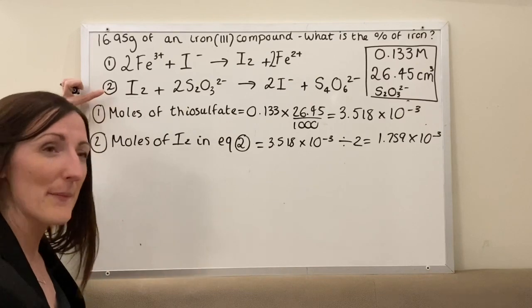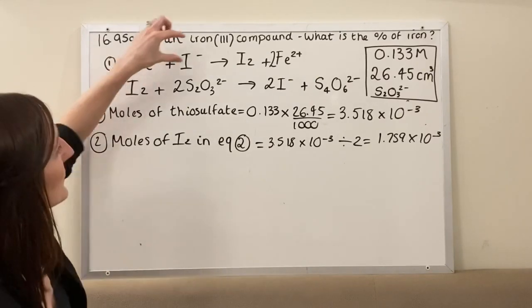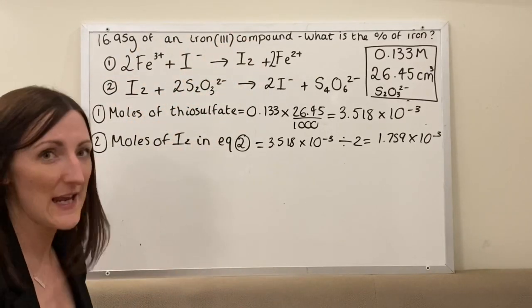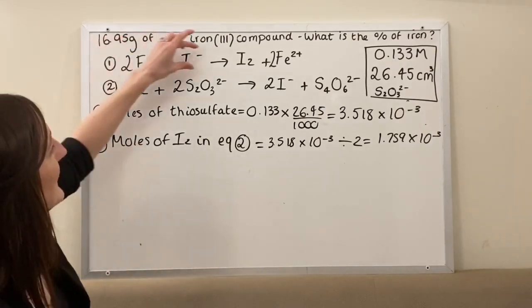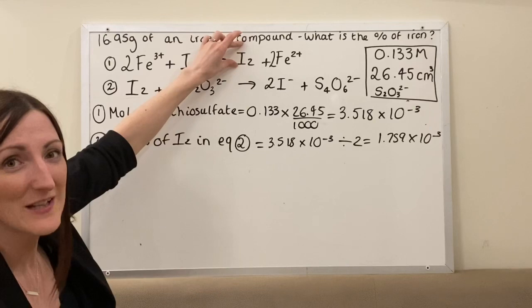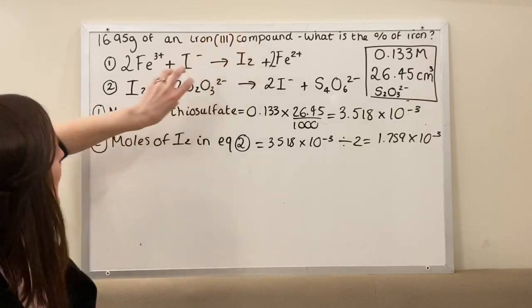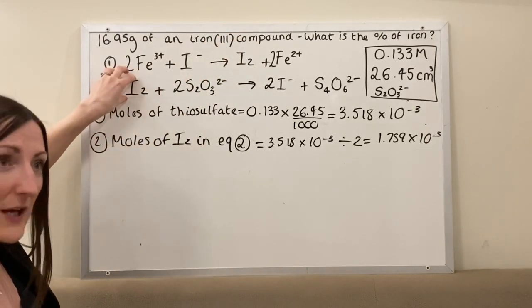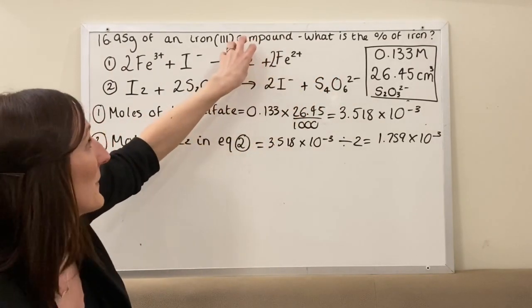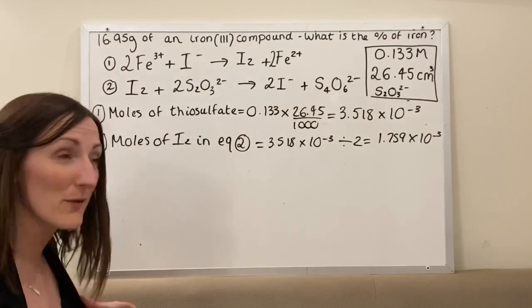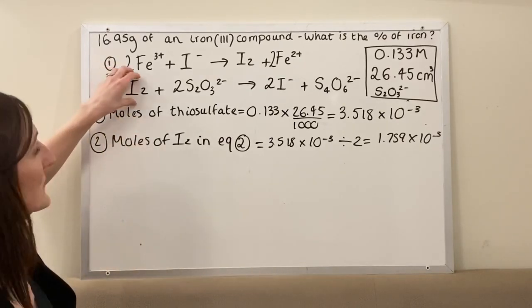We've got to remember that all the iodine there is was created during this first reaction. We're taking all those moles down to our second equation and just performing another reaction on it. We haven't created more iodine on the way. That is all we've got, so it's all we've started with.